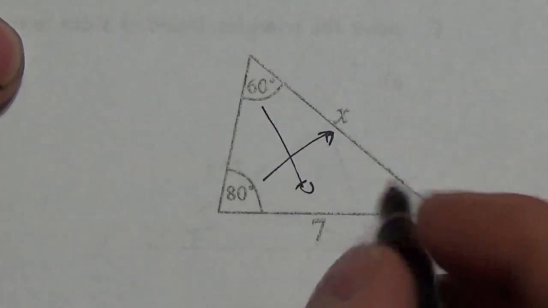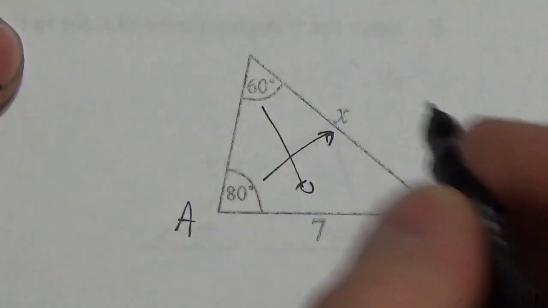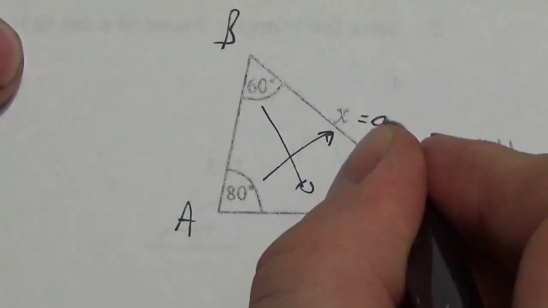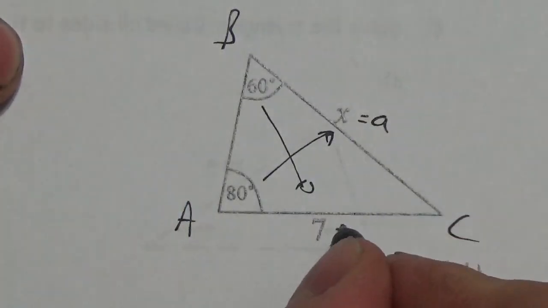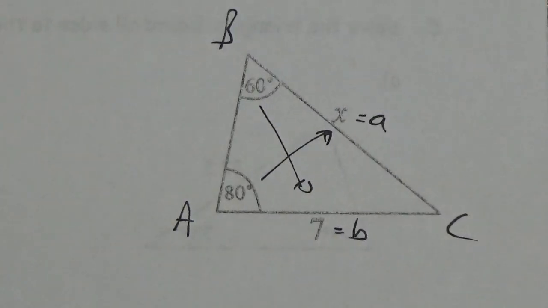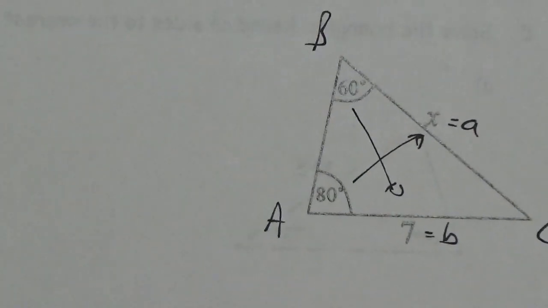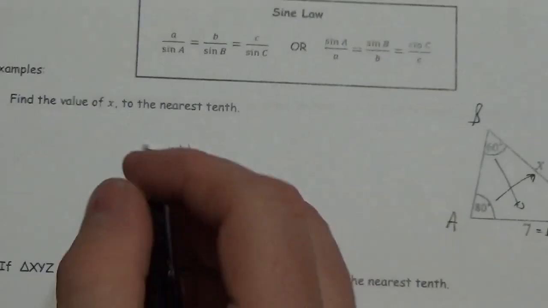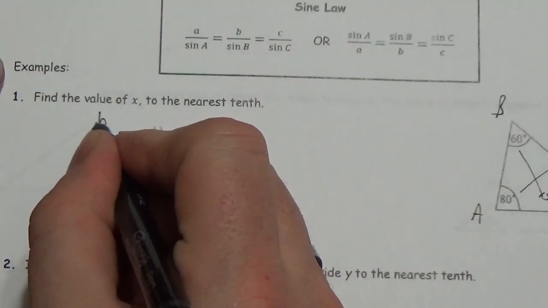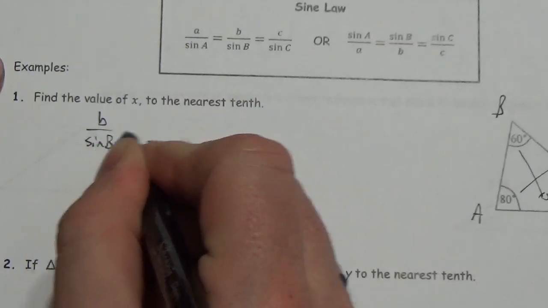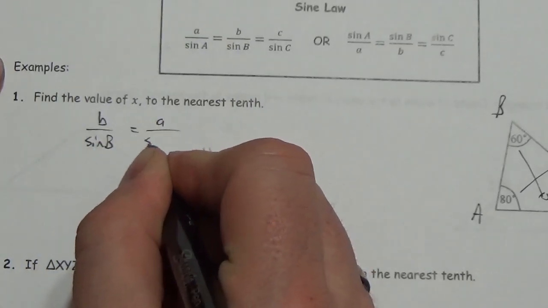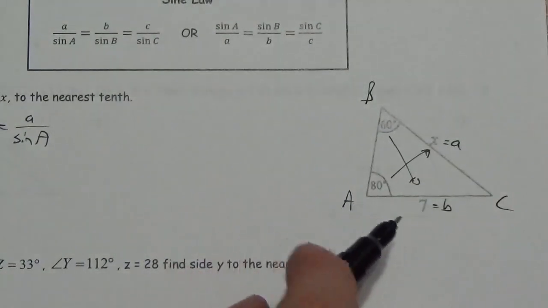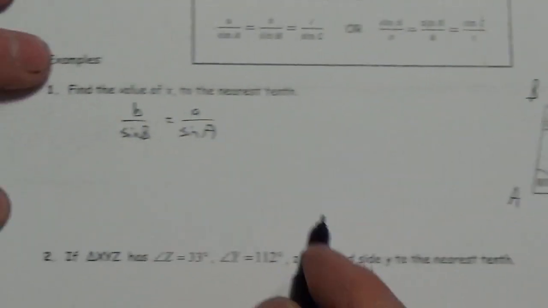If we give these things names, it doesn't really matter what we call them, A, B, C, then we're looking for side little a, and we've got side little b here. So the ratio that I can set up is little b over the sine of angle B is equal to little a over the sine of angle A. And when I go over here, that is going to be 7 over the sine of 60.